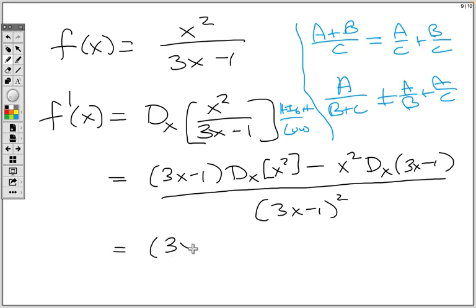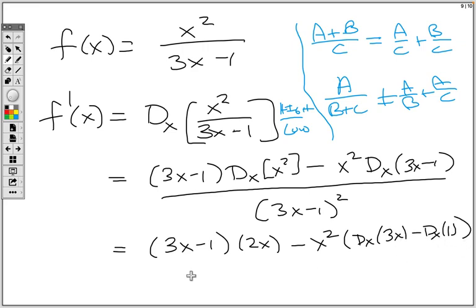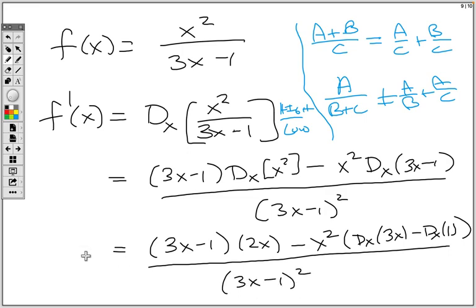So we get the quantity 3x minus 1 times the derivative of x squared, which is 2x, minus x squared times the derivative of 3x minus 1. So that's the derivative of 3x minus the derivative of 1, all divided by 3x minus 1 quantity squared.